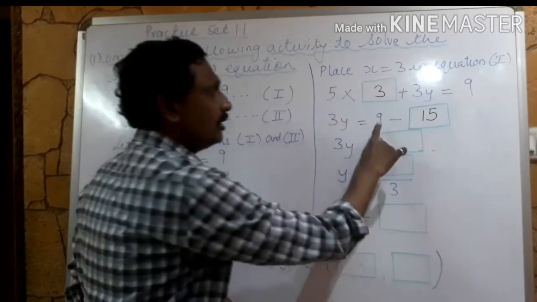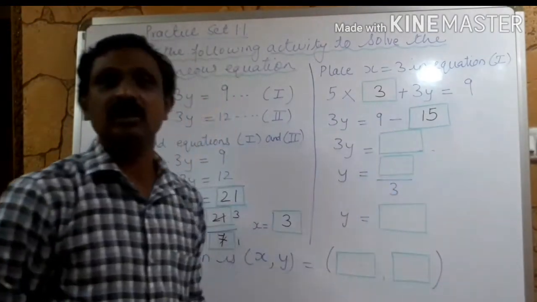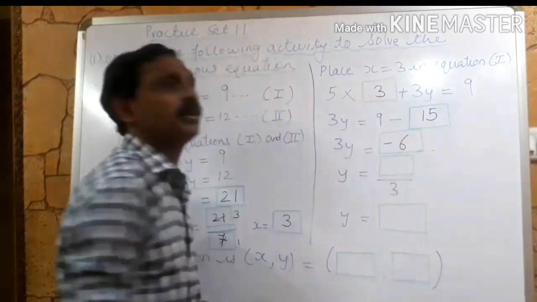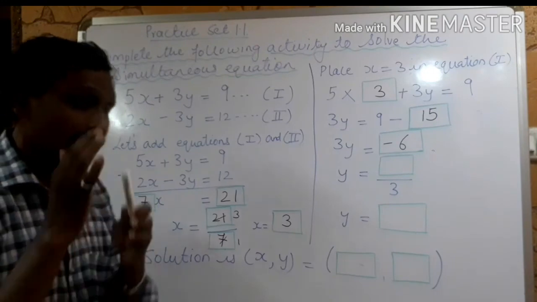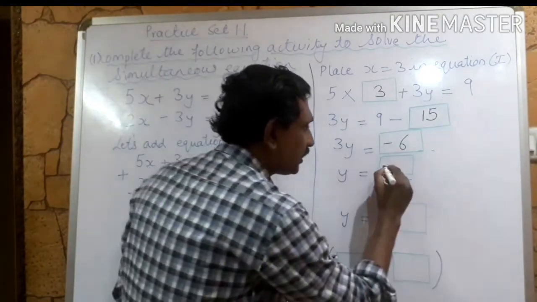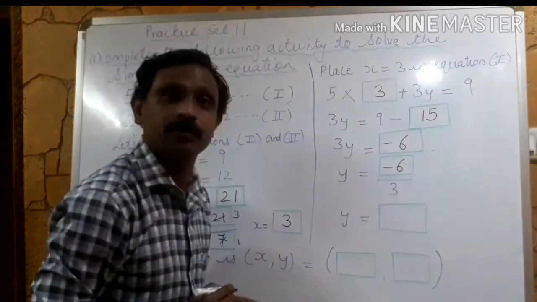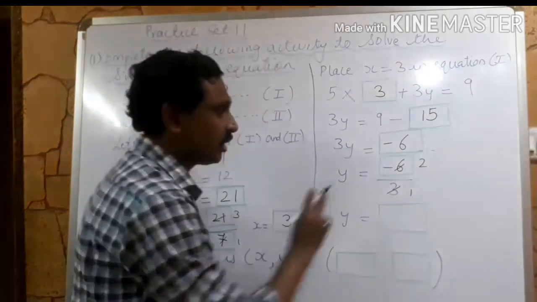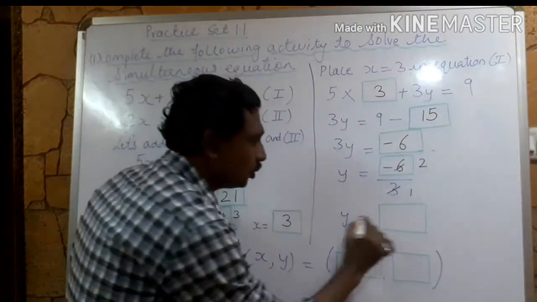3y is equal to 9 minus 15 gives me 6, and the sign of the greater number. Now see here, y is equal to 6 upon 3. 3 ones are 3, 3 twos are 6. What do we get? Minus 2.